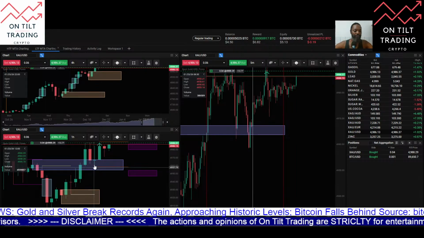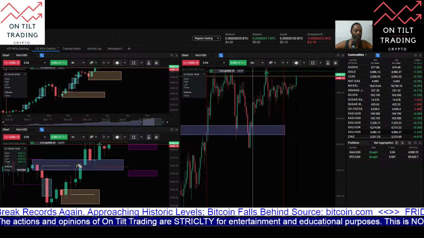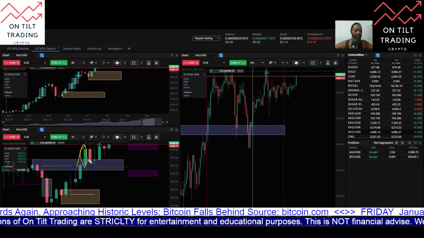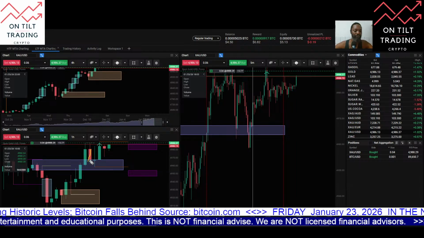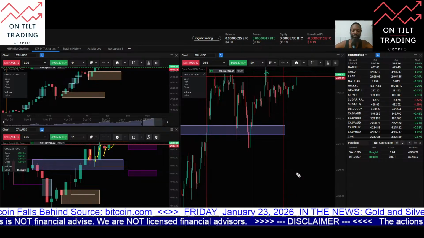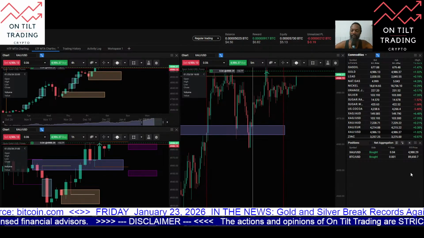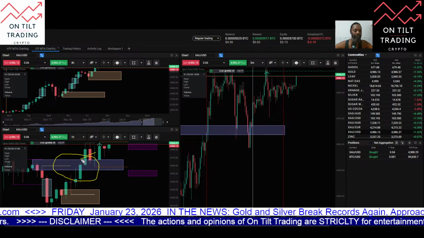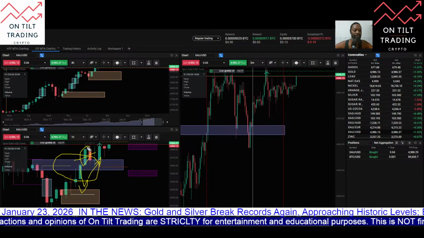So this order block was traded through in this candle, making it a breaker block. Price trades back into it in these two candles, and now price is currently being delivered to the buy side as this flips from a sell zone to a buy zone with this candle.